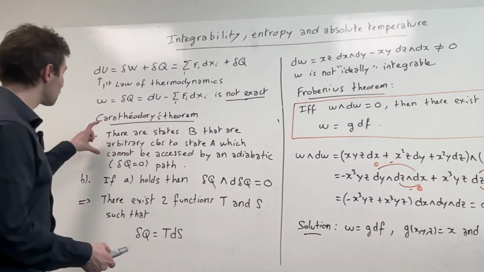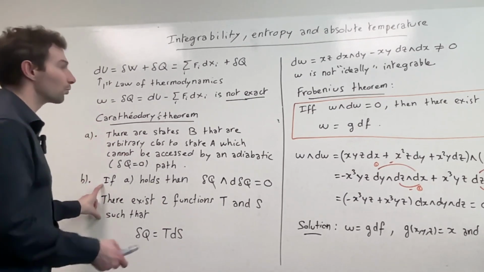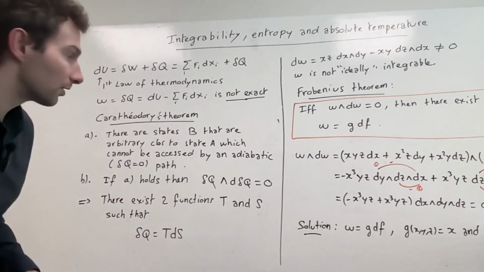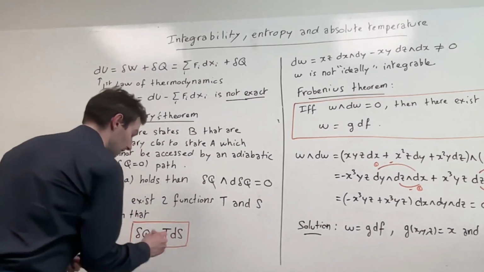Okay, and so that comes from this particular assumption and the mathematical equivalence of that assumption with essentially Frobenius theorem. And that's how Caratheodory essentially introduced the entropy and the absolute temperature.